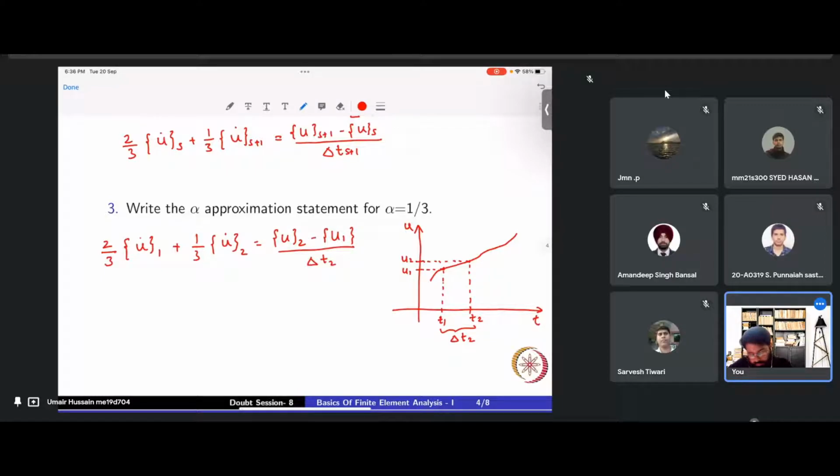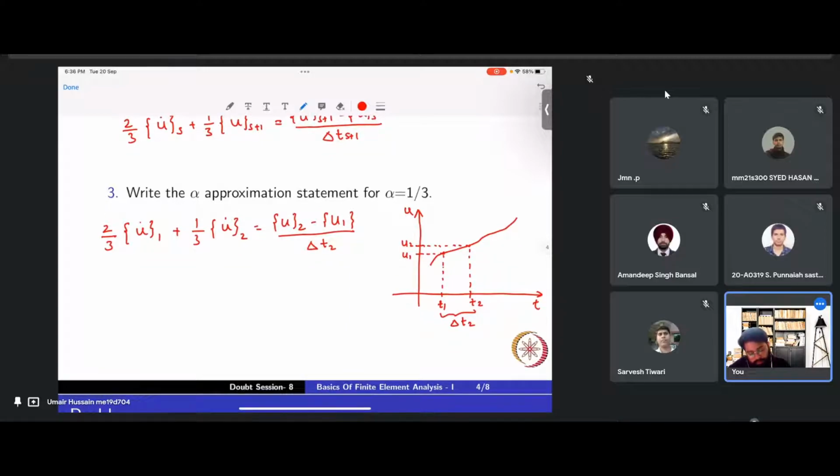So the slope between u1 and u2 can be approximated as 2/3 of the slope at this point and 1/3 of the slope at this point, an average with weights 2/3 plus 1/3.